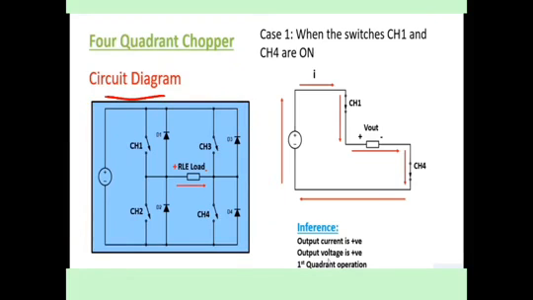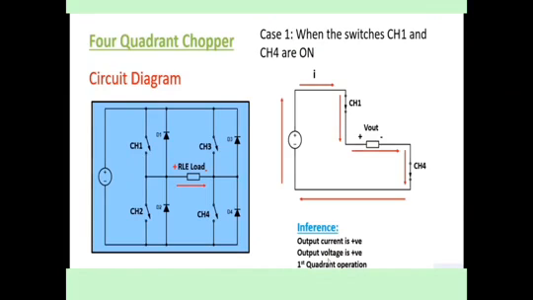For the first case, consider this circuit diagram. Here we have a voltage source, switch 1 which is your chopper, switch 2 which is another chopper, switch 3, switch 4, and diodes 1, 2, 3 and 4 as freewheeling diodes, and an RLE load.